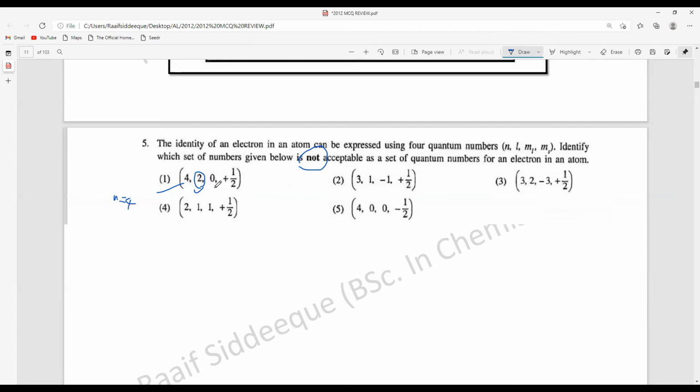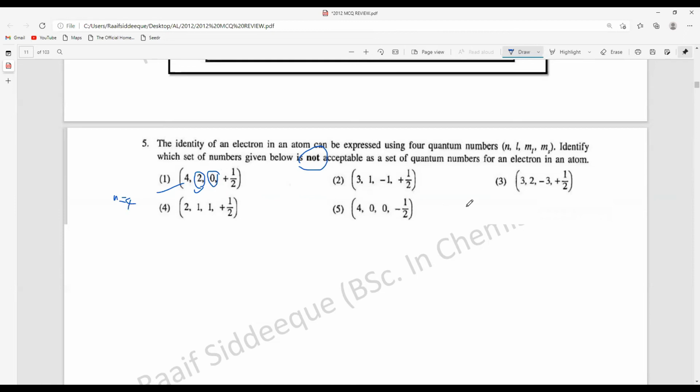Then they have given ml as 0. ml can be 0 because, according to the 2l plus 1 rule, it goes from minus l to plus l, including 0. So 0 can be a number.